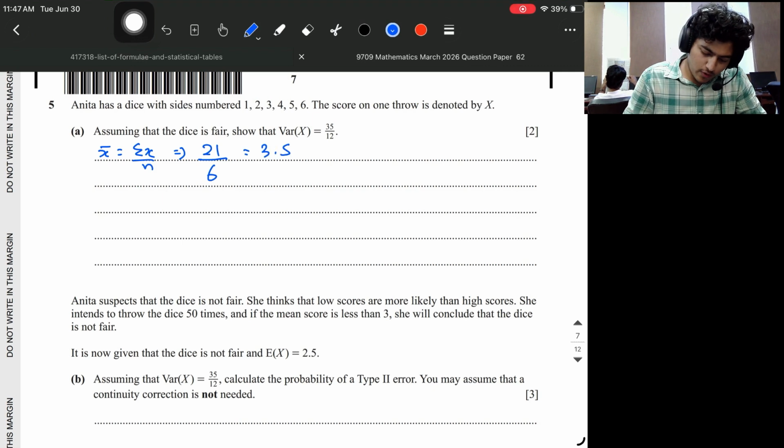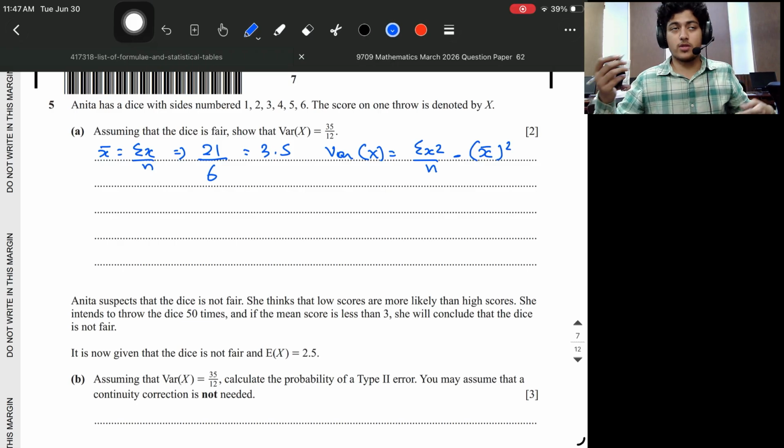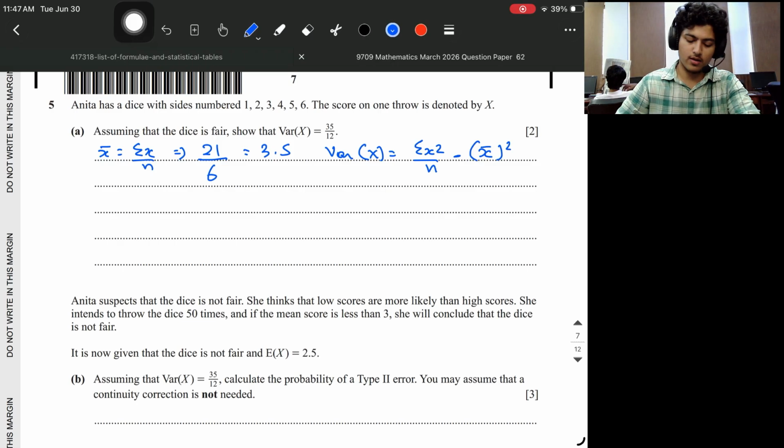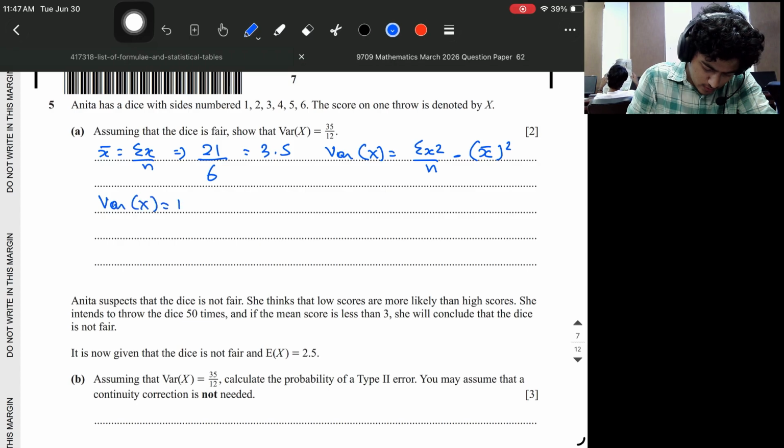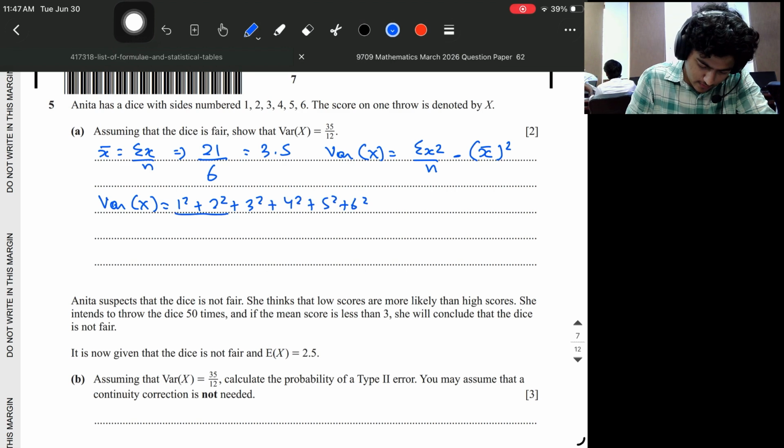Now we know the formula for the variance. Formula for the variance is just sigma x square upon n minus x bar the whole thing square, right? We just remove the square root from the standard deviation and it will convert into variance, as we did earlier as well. Now the important thing that we need to do here is that the variance of x would equal 1 square plus 2 square plus 3 square plus 4 square plus 5 square plus 6 square divided by n, which is 6, minus 3.5 the whole thing square.